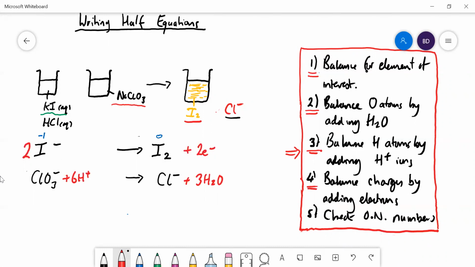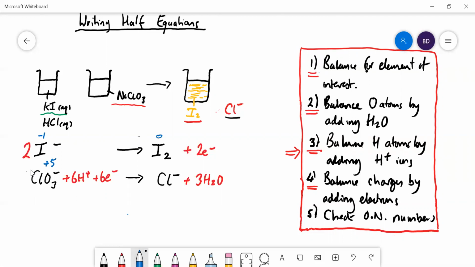4, balance the charges. So on this side of the equation, we have got 6 plus, and that's -1, so that's +5. On this side, we've got -1, so that means we need 6 electrons on this side to make the charges balance. Then we'll finally do our check of oxidation numbers. Well, this is the chlorate(V) ion, which gives away the game really, because that means it's a +5 oxidation state.